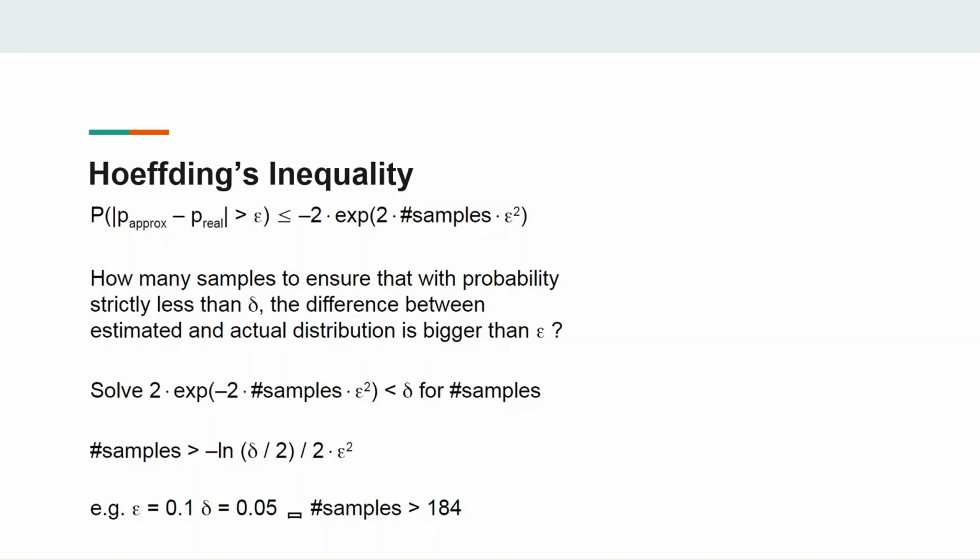But again, that doesn't really matter because they're not going to ask you what this means. They're just going to give you something of this manner, and they're going to be like, okay, what's the number of samples? And you're going to say, sure, the number of samples is always bigger than 184, whatever the number is. That's how it works for this inequality. So my suggestion would be to just memorize it.